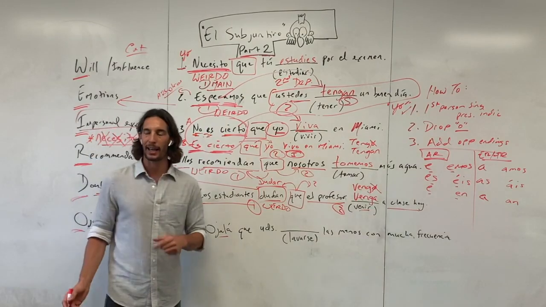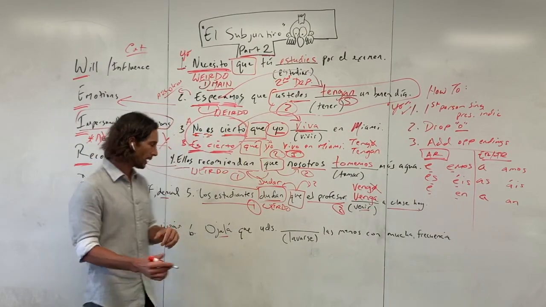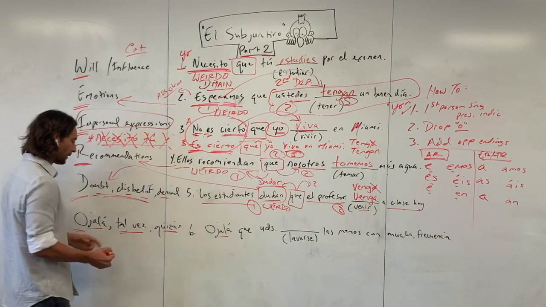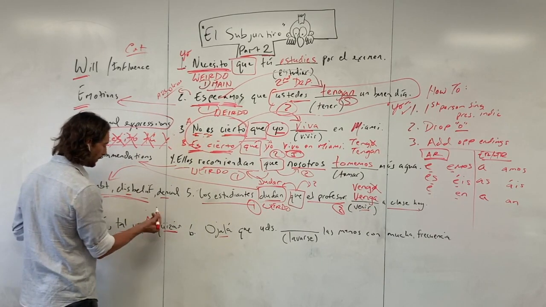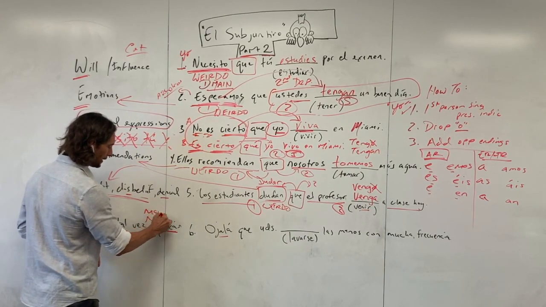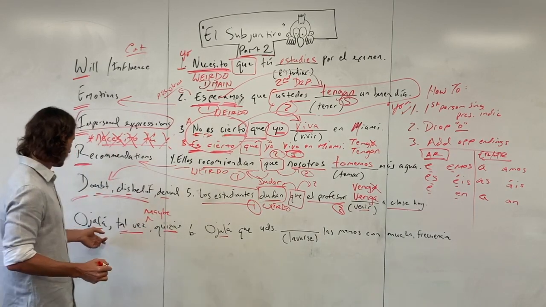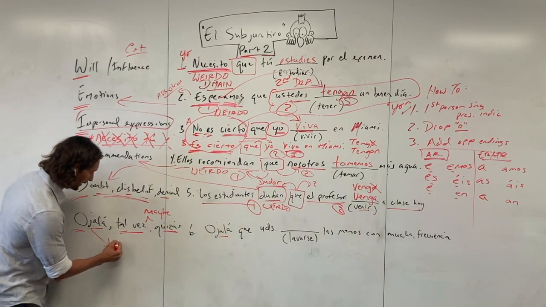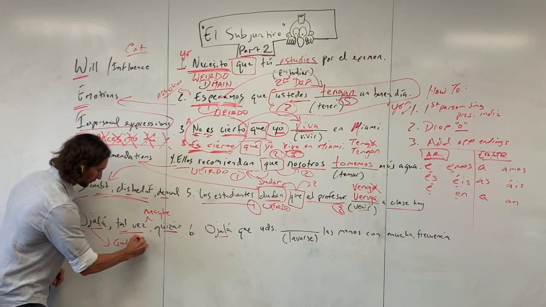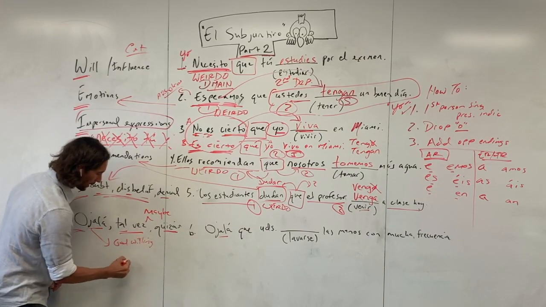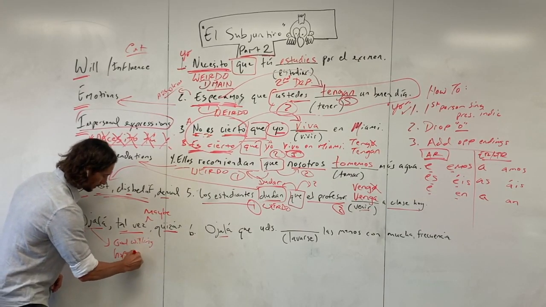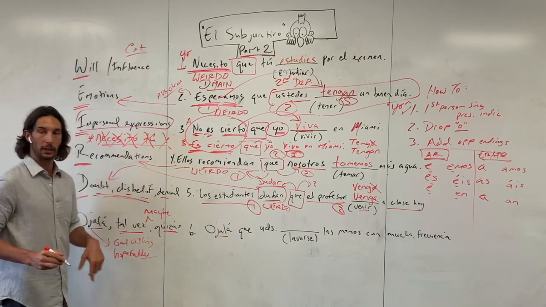We have ojalá. Now, ojalá is one of these three. You have tal vez and quizás, which both mean essentially maybe. And so this means God willing, depending on where you look this up, and hopefully. So God willing or hopefully.